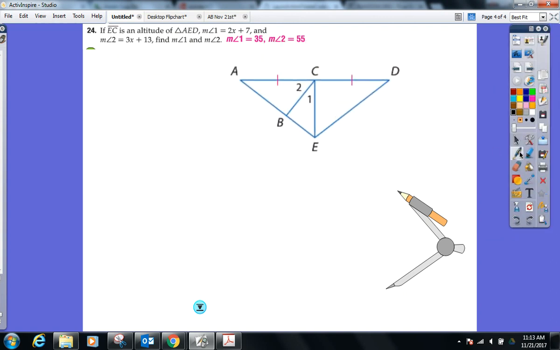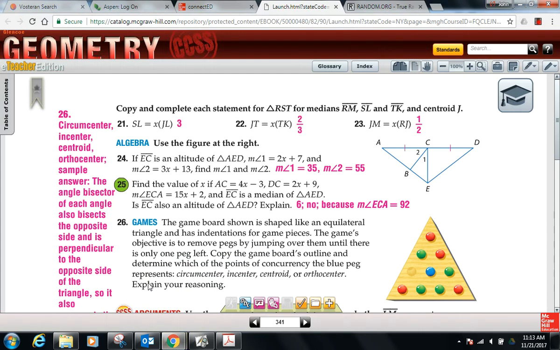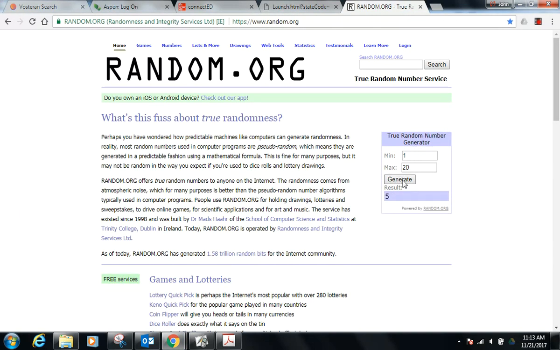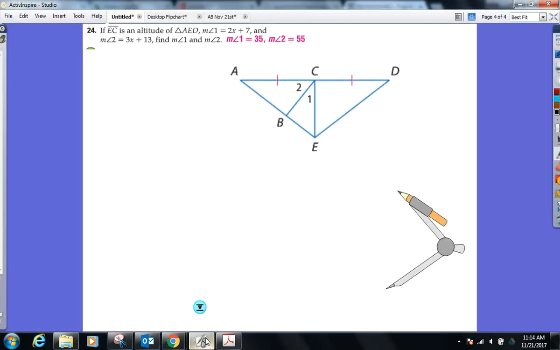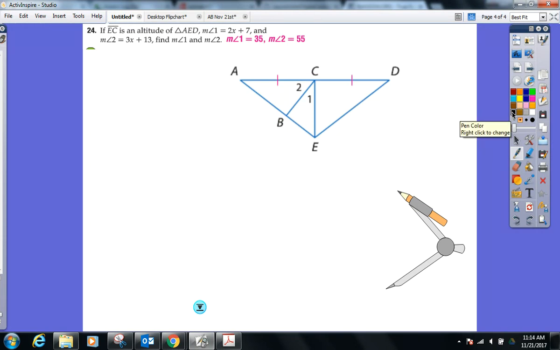Okay, here we go. EC is an altitude. Tell me what I should be putting on my diagram then. If EC is an altitude, what should I be putting on my diagram? Where? There you go. Or on the other side too, doesn't matter.